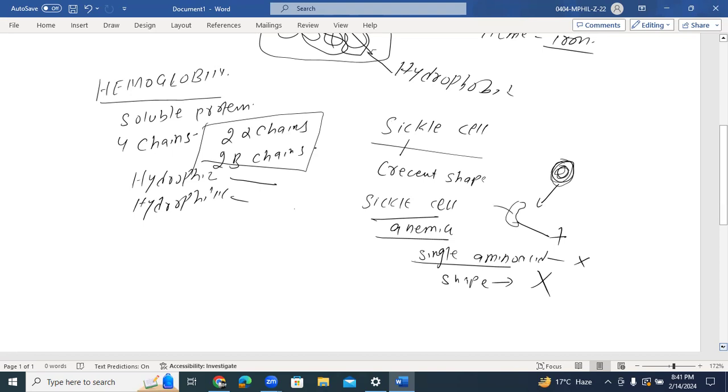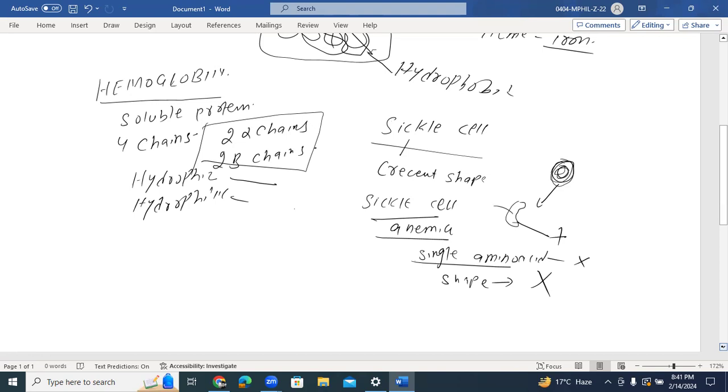This hemoglobin will not be able to transport oxygen in the body. As a result, sickle cell anemia will be caused in a person in whom this mutation is taking place. RBCs are produced in stem cells of the bone marrow.